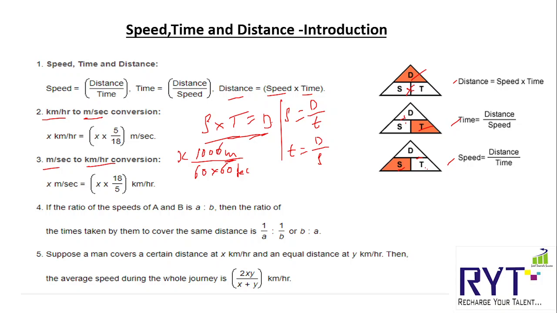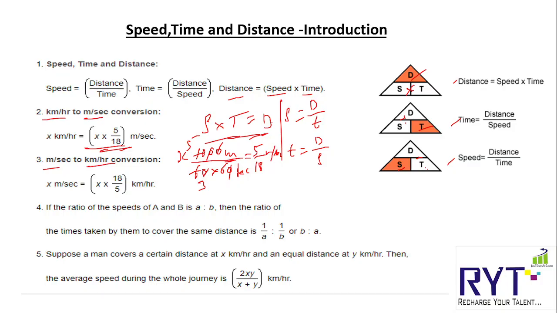So you will cancel 0, 0 here, 1 more 0, 1 more 0 here. You can say 2 3s are 6, 2 5s are 10. So in the numerator we have 5, denominator 3 into 6, 18, becomes meter per second. That's the reason why we multiply any number by 5 by 18.